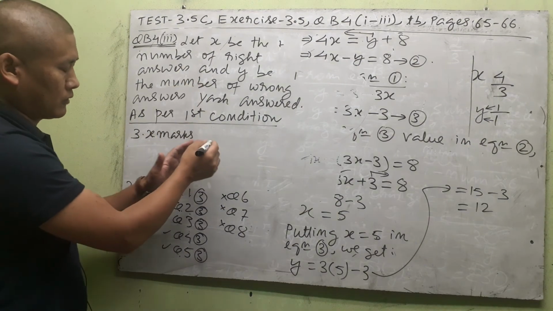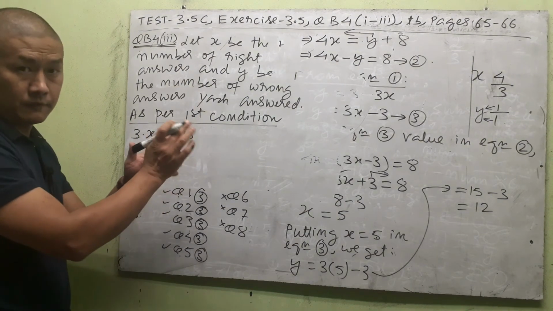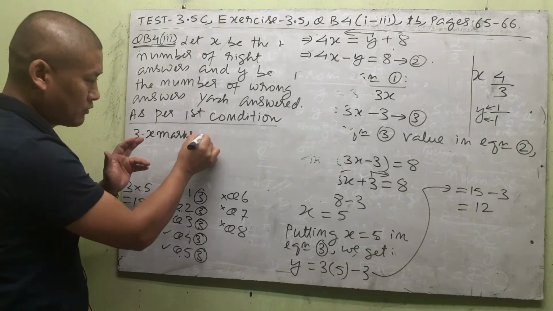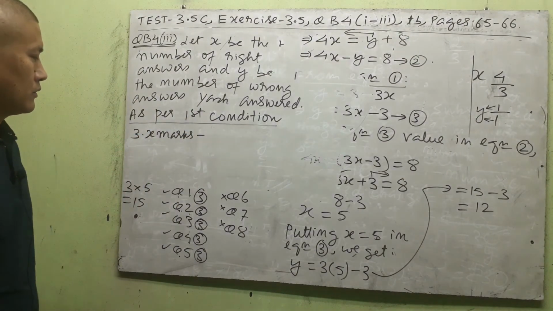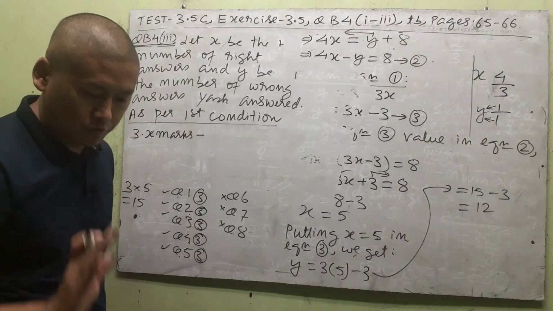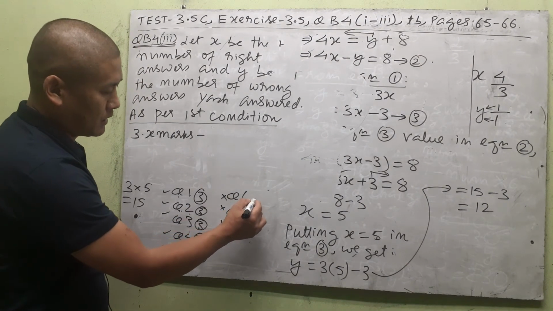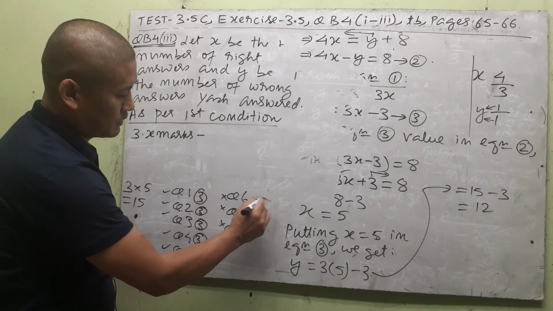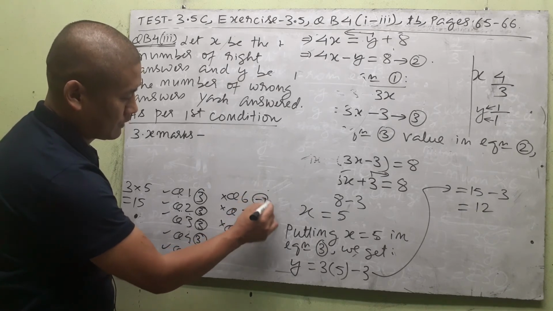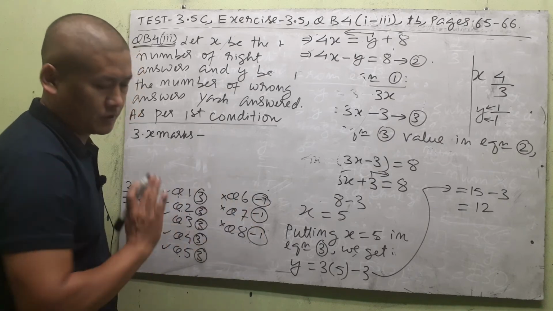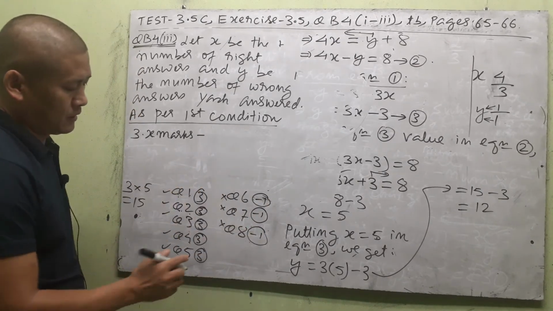But for each wrong answer, this test is slightly different type of test. Mark is reduced, so minus. So mark reduced for each wrong answer. 1 mark reduced. So here minus 1, minus 1, minus 1. So 3 questions wrong, let us say. How do you get that?